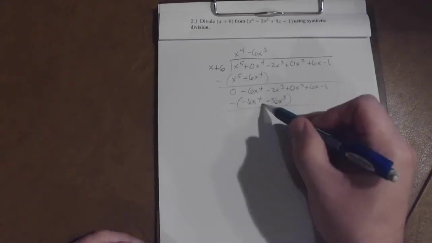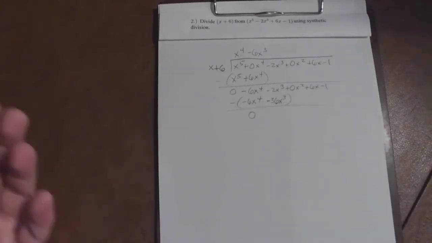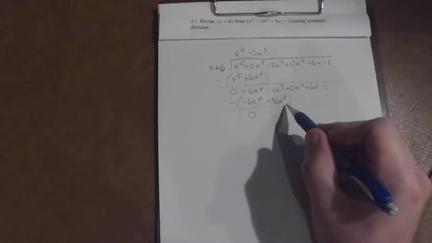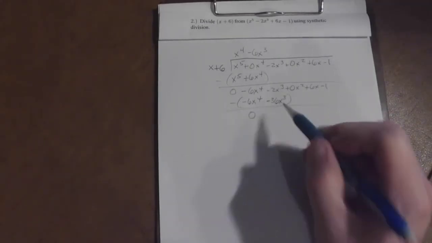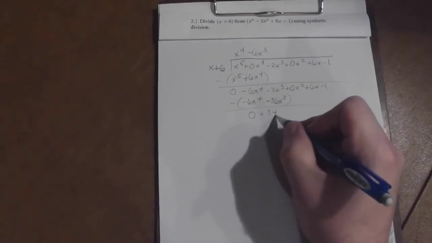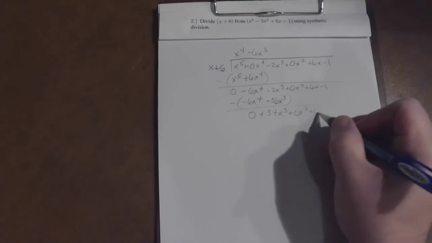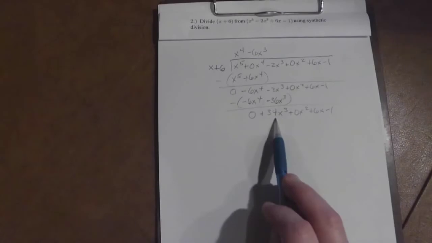Negative 6x to the 4th minus negative 6x to the 4th is plus it, and that leads us to 0 again. And then we have minus 2x cubed minus negative 36x cubed, which is negative 2x cubed plus 36x cubed, which would be plus 34x cubed. Bring down what's above and start the process over.